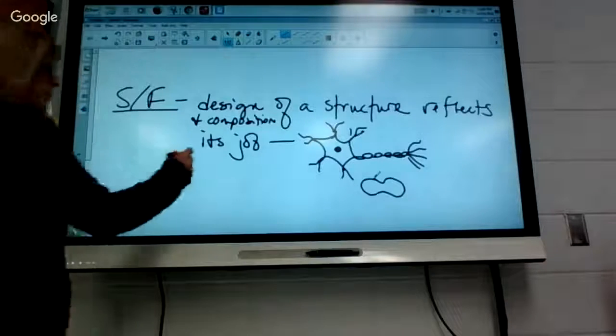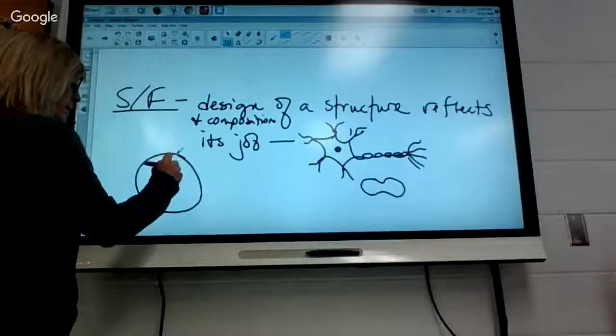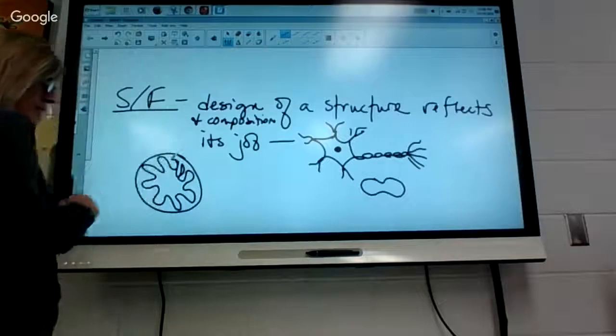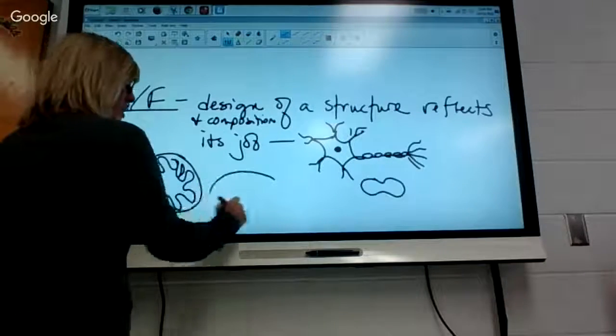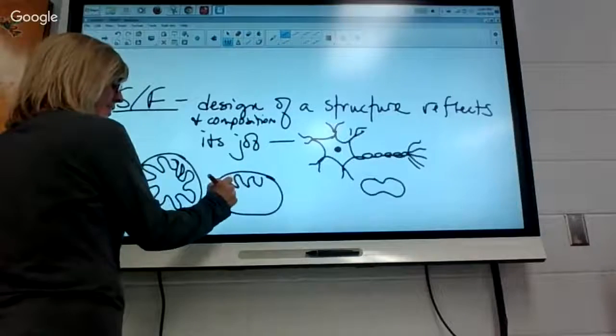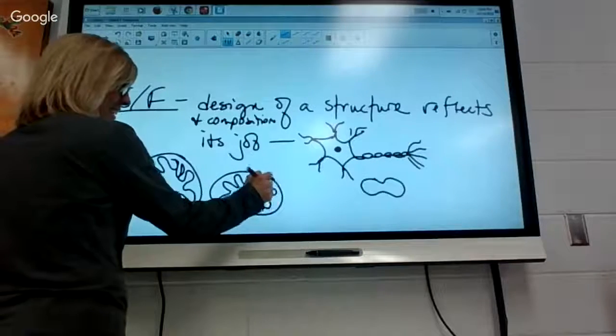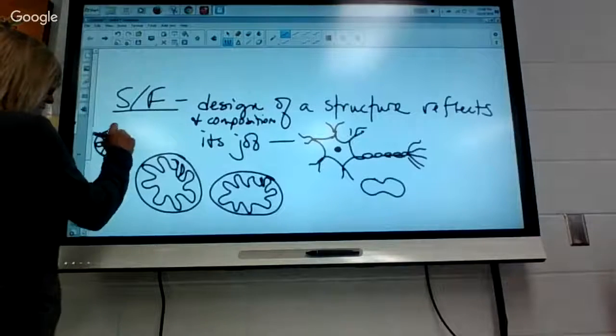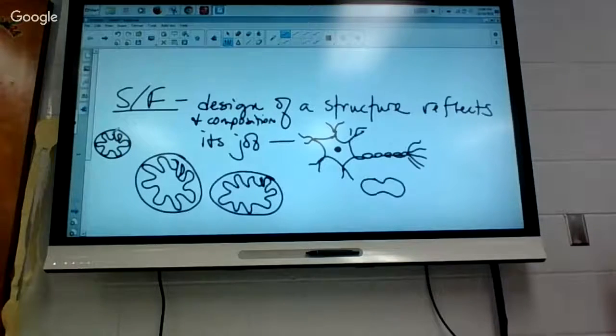So that's the same reason that your stomach, empty, if we do a cross section, looks like this. A mitochondria looks like this. And the inside of your intestine looks like that. Oh my goodness. Why do they all have these little folds inside?